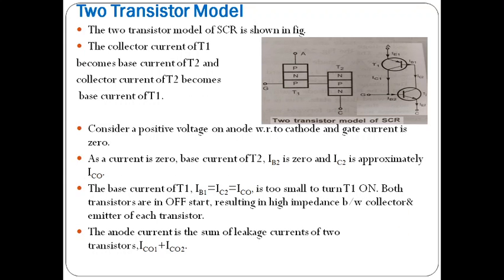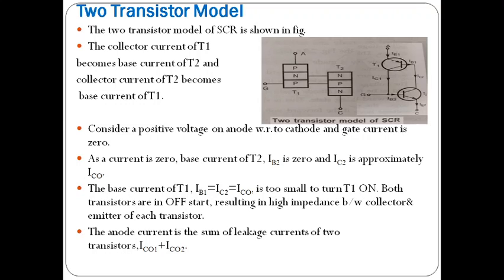Next one, the two transistor model. This SCR is a PNPN four layer, three terminal, three junction device. So we can make the SCR by using two transistors. So it is called the two transistor model.